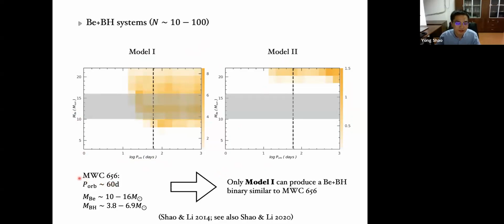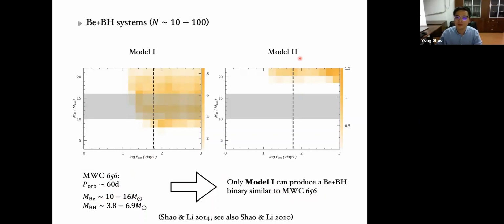And here I list the parameters for the confirmed B plus black hole system MWC 656. The orbital period is about 60 days, and the mass of the B star has a range of 10 to 16 solar mass. So we can find that only model 1 can produce B plus black hole binaries similar to MWC 656.